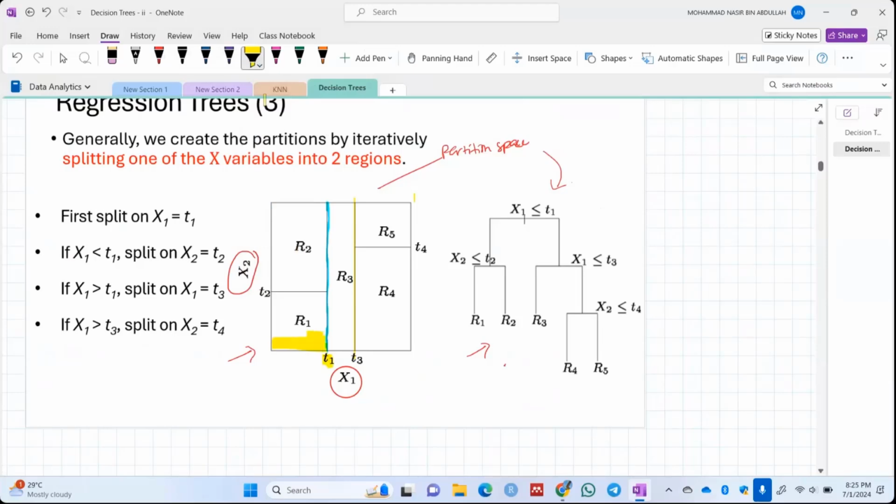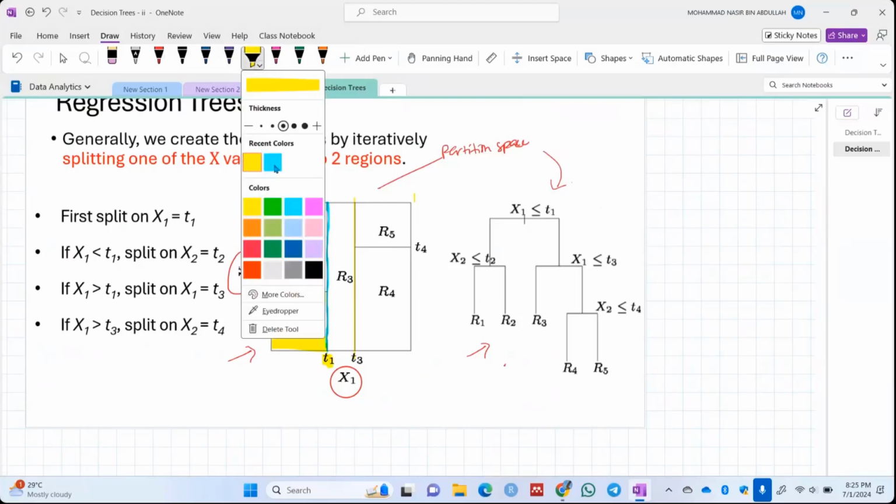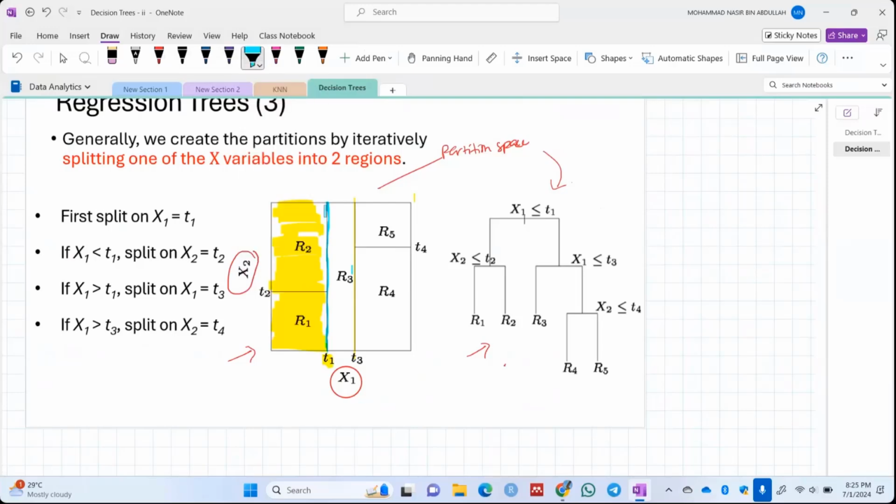Anything on the left hand side can be split by x2. On the right hand side, it can be split into two regions, either more than t3 or less than t3. For example, let's draw the graph.